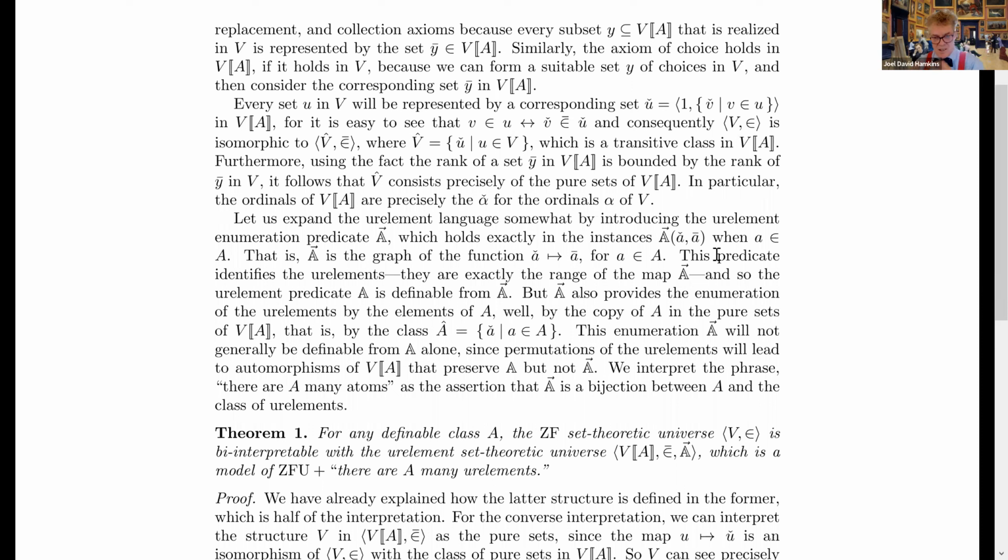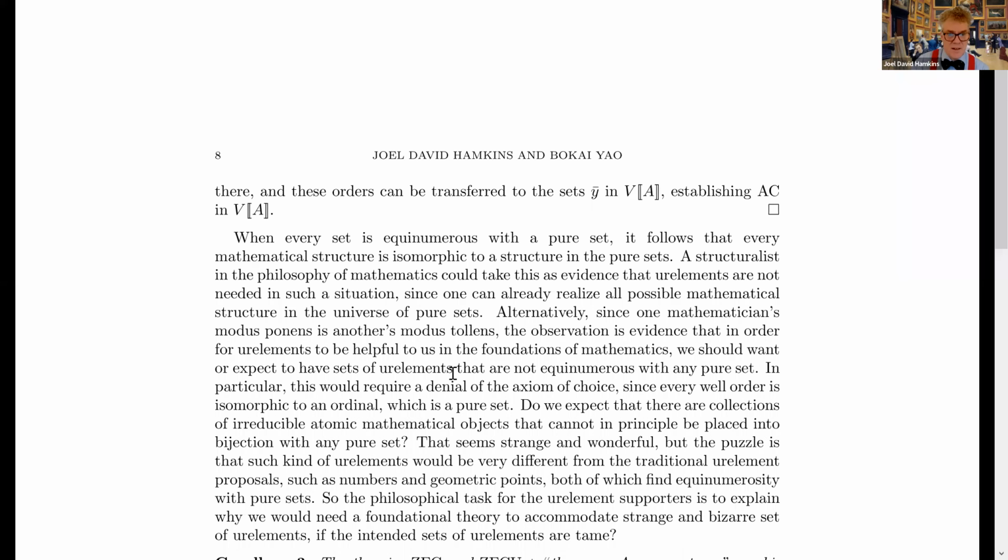So A bar was the pair 0, a, and a check was the pure set that's representing a inside V bracket A. And a vector is that enumeration. It's a function mapping the copy of the class A inside V bracket A to the elements. It's enumerating the elements by that class of pure sets.